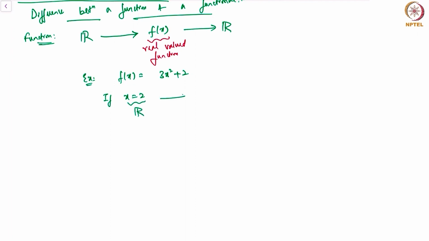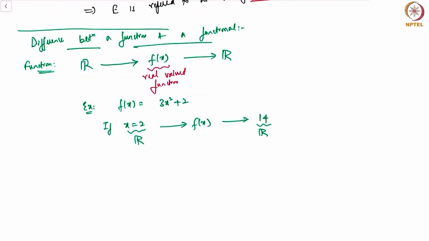If I input this into the function f of x, then what's the output I get? The output that I get is 3x square, that is 3 times 4, that's 12, plus 2, that's 14, which is another real number. Okay. So that's what a function does. It takes an input and gives us an output, which is also a real number. A functional, on the other hand, is slightly different.